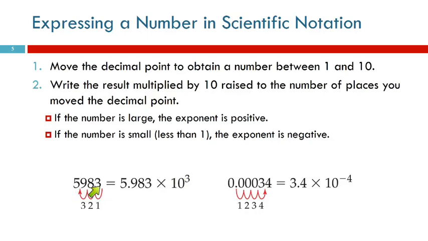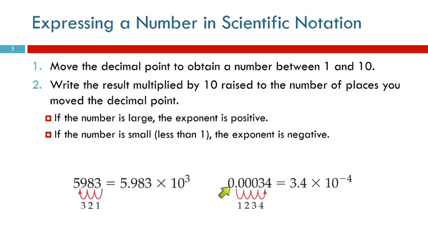The decimal point originally would have been here after the 3. It wasn't written, but it's understood. So we count over 1, 2, 3. We moved it 3 places. So the exponent is 3, and then we look at the size of this number to decide, should that be a positive 3 or a negative 3? Well, 5,983 is a large number, and so it's a positive exponent because I feel positive about large paychecks.